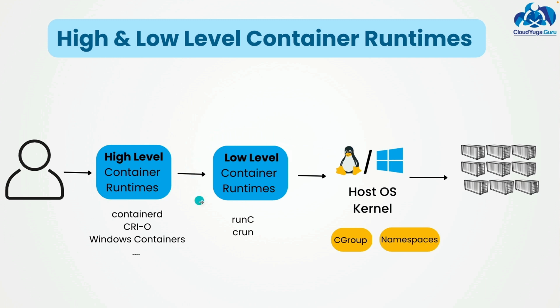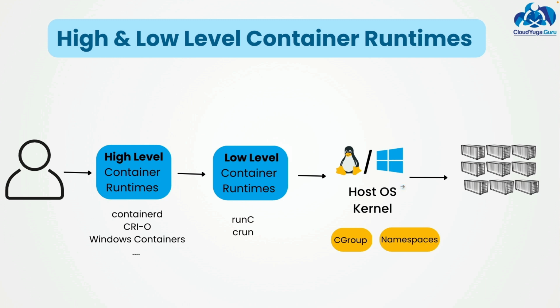The low level runtimes are responsible only for creating and removing containers, while the high level runtimes provide more functionalities, for example, doing the image build process or pulling the image and so on. So in this case, we can see containerd is our high level runtime, which communicates with runc as the low level runtime to create the containers for us.